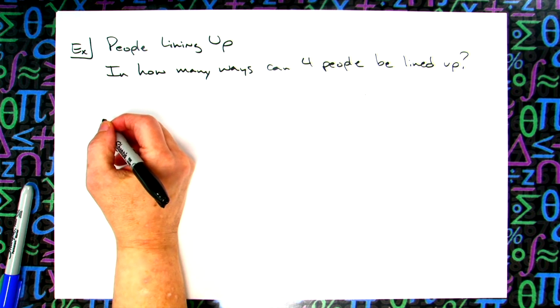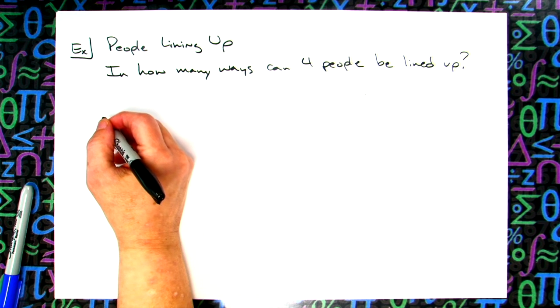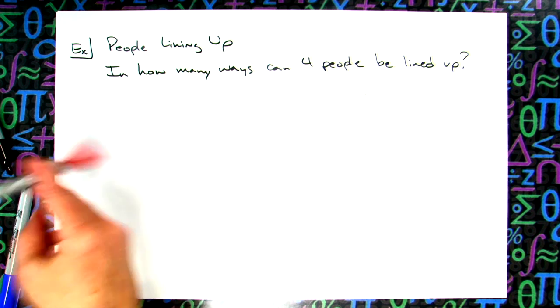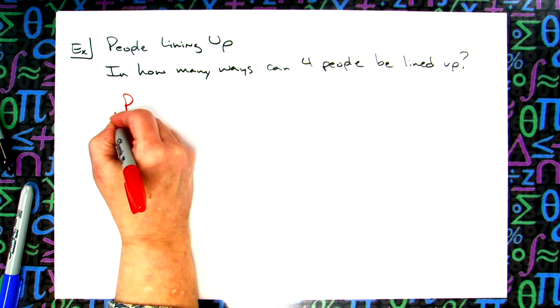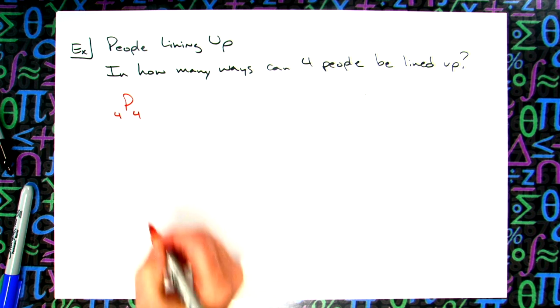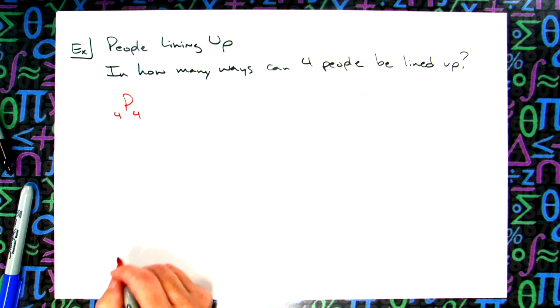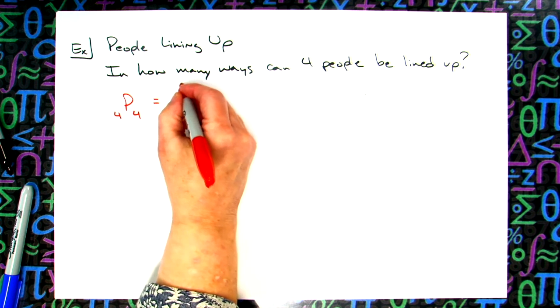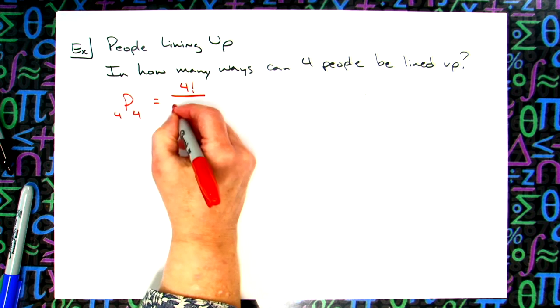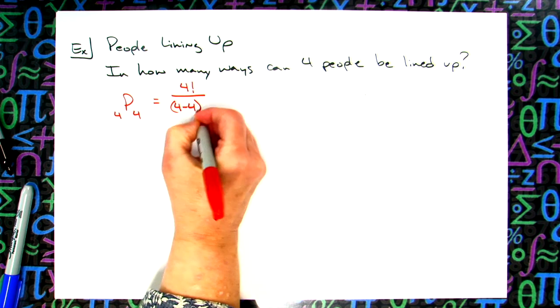So I've got 4 people and they're lining up in 4 spots. So my permutation is 4, 4. 4 people, 4 spots. Okay, so it's going to be a 4 factorial over a 4 minus 4 factorial.